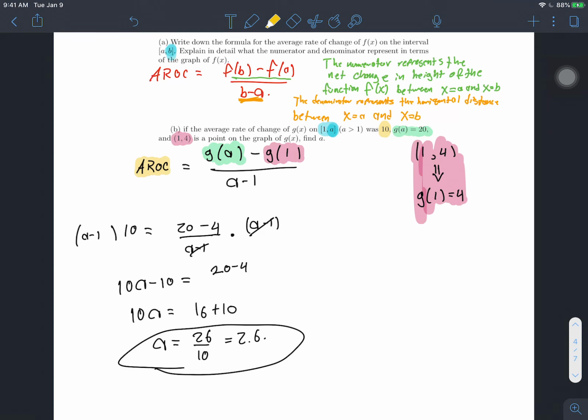This time they told us the average rate of change and they wanted us to find out what one of the endpoints was. Okay, so it takes a little bit of a greater understanding of how this formula should be arranged. After that, once we got to this step, it was just algebra of canceling things out and isolating one variable.